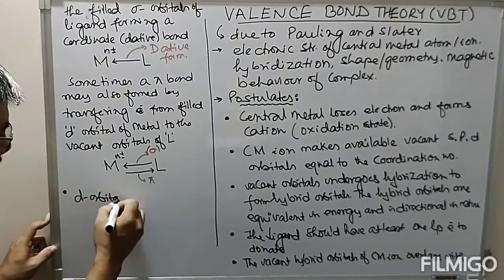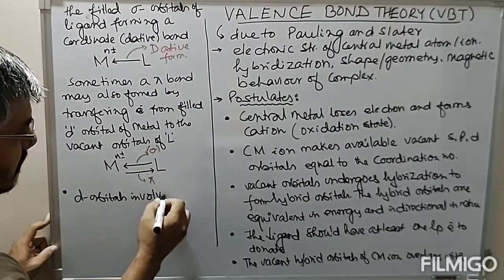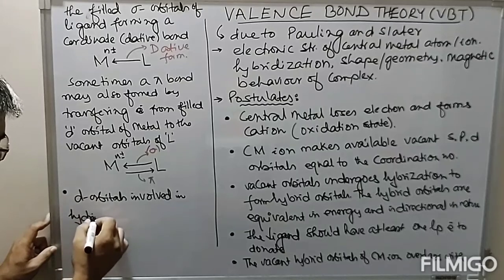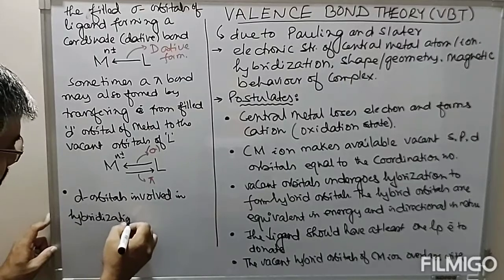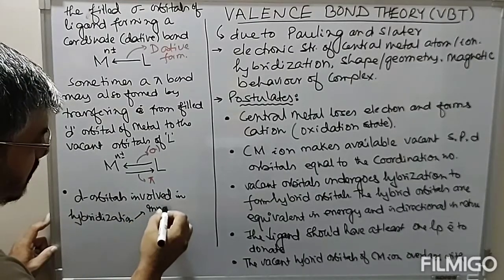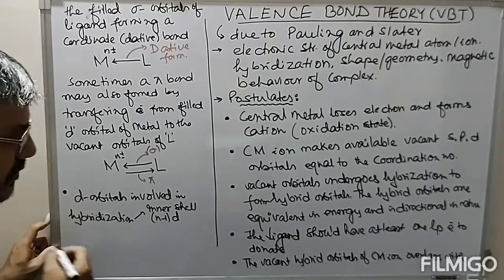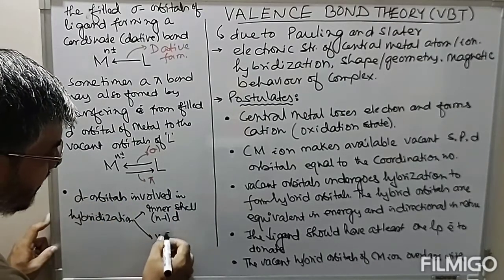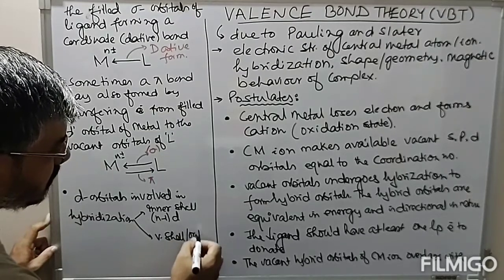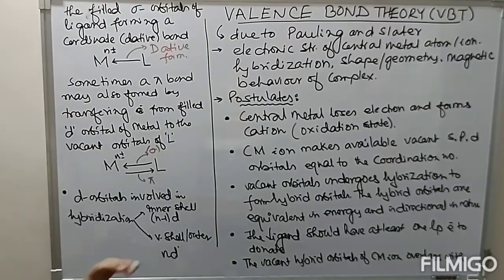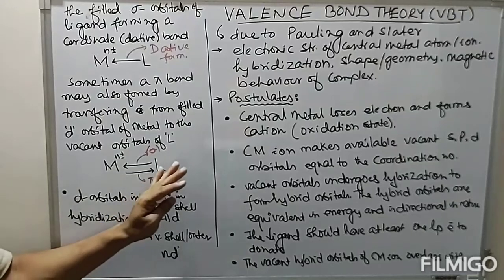So the d orbitals involved in hybridization may be the inner shell n-1 d orbitals or the valency shell, outer shell d orbitals. So two different types of d orbitals may be used depending on the nature of the ligand that is used in the complex.